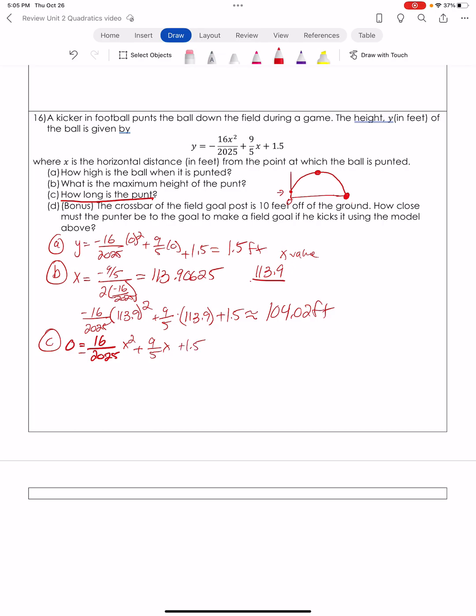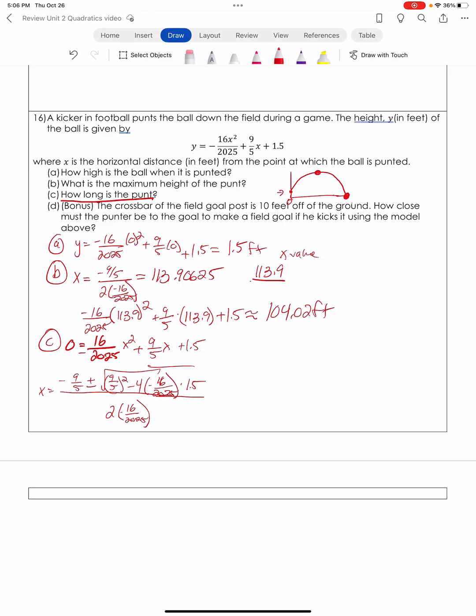And so I have a quadratic. I need to use the quadratic formula. So I have x is equal to negative 9/5 plus or minus the square root of 9/5 squared minus 4 times negative 16 over 2025 times 1.5, all over 2 times negative 16 over 2025, which is a mouthful.